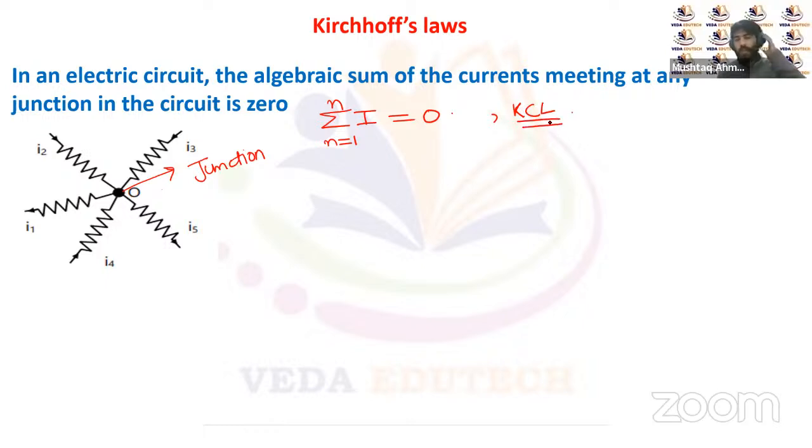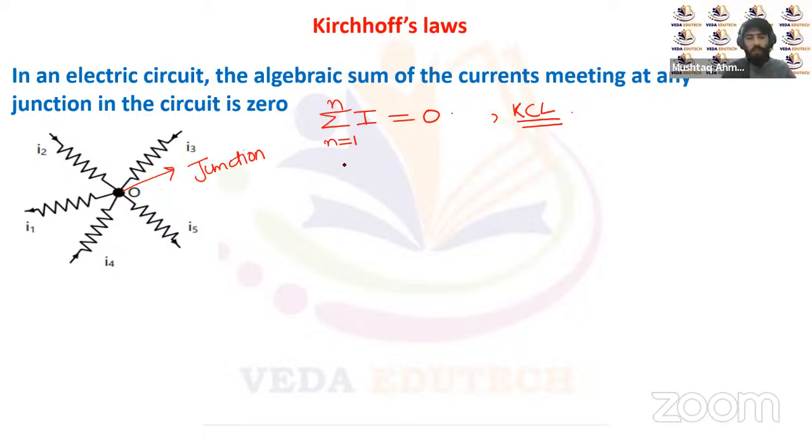There are certain sign conventions that we'll be using with respect to KCL. The convention is that whatever current is entering the junction will be taken as negative and the current leaving the junction will be taken as positive, right? Three currents are entering the junction here: I2, I3, and I4. We'll take these three currents with the negative sign. The currents leaving the junction are I5 and I1, and these two currents will be taken as positive.